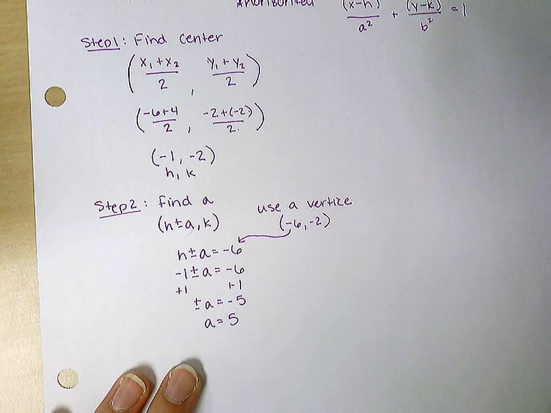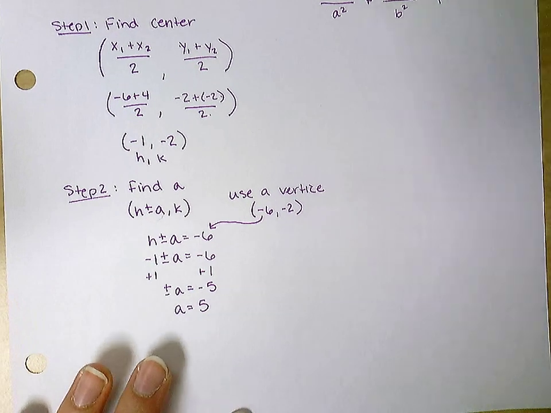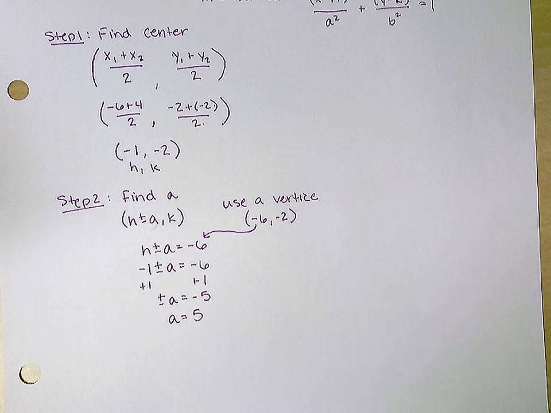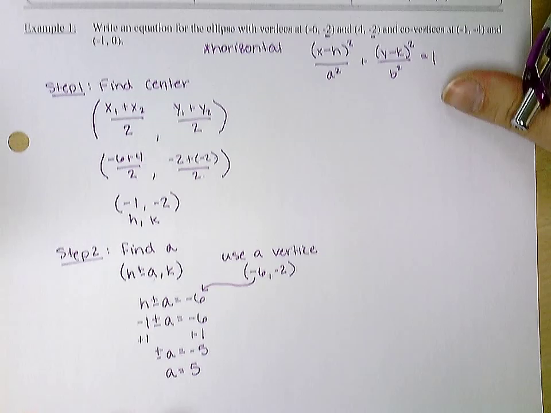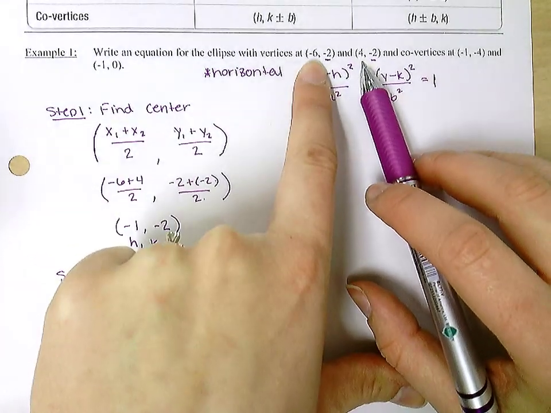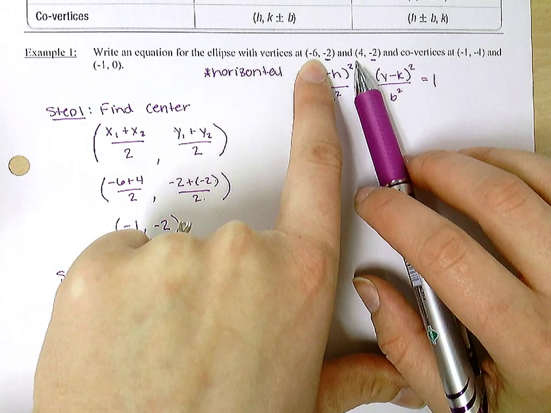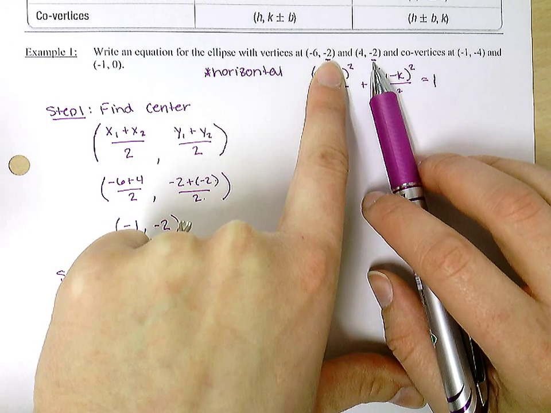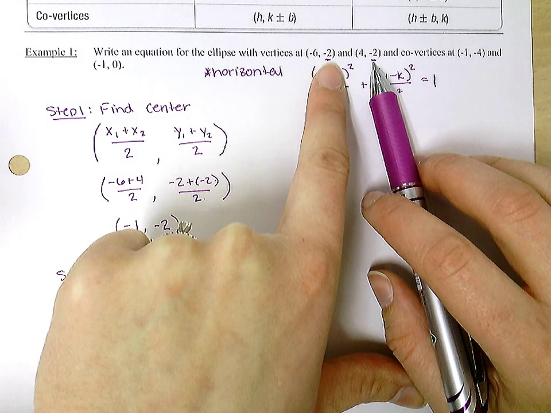Now if you do this with your major axis instead, your major axis is the distance between your two vertices. If you're trying to find the distance between your two vertices, you just have to take those values that change from each one. I don't want to find the difference between these -2's because it'll just be 0.